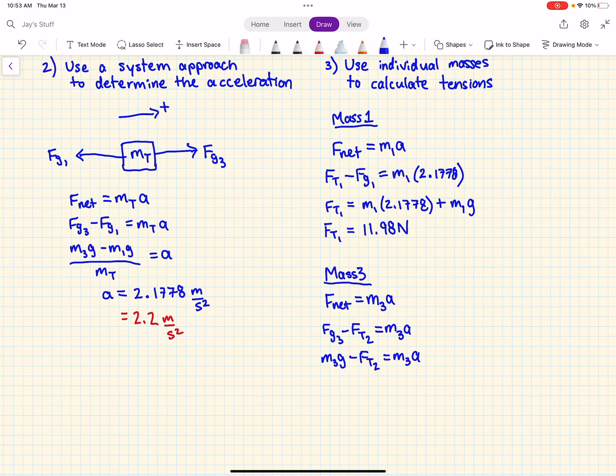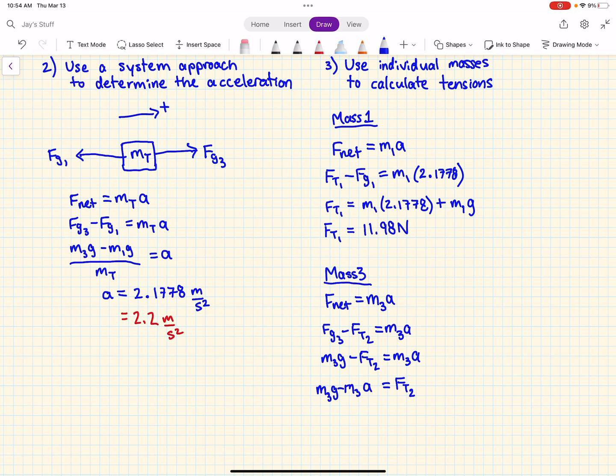Now we just need to isolate Ft2. So we can add Ft2 to both sides of the equation to essentially move it to the right. And we can subtract m3a from both sides of the equation to essentially move it to the left. So that will give us m3g minus m3a.